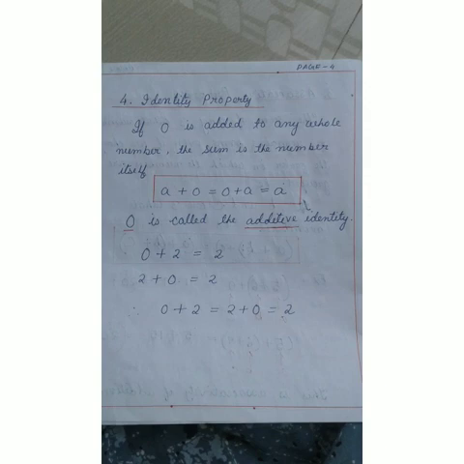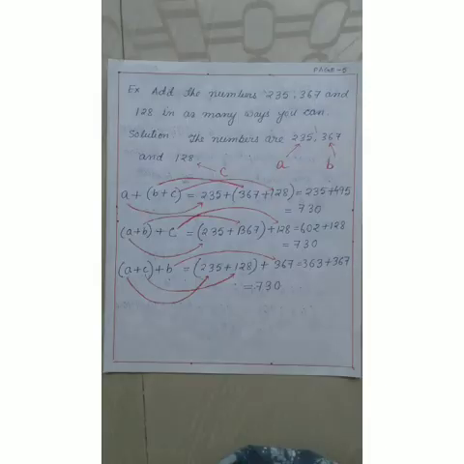Now we have some examples. Let us begin with the example where I have taken three numbers. Add the numbers 235, 367 and 128 in as many ways as you can. So what you have to do here?